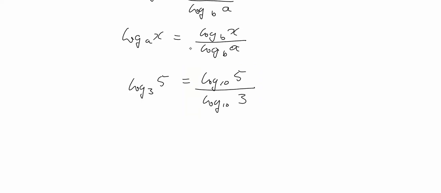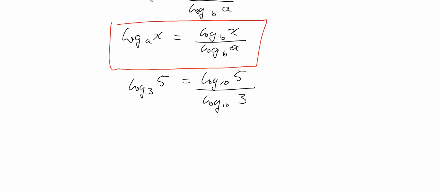I think we can see in this formula for changing the base of a logarithm, the x and the a on the left hand side, log of x to base a, have x in the numerator, log of x to base b, and a in the denominator, log of a to base b. So the 5 and the 3 here are 5 in the numerator and 3 in the denominator.